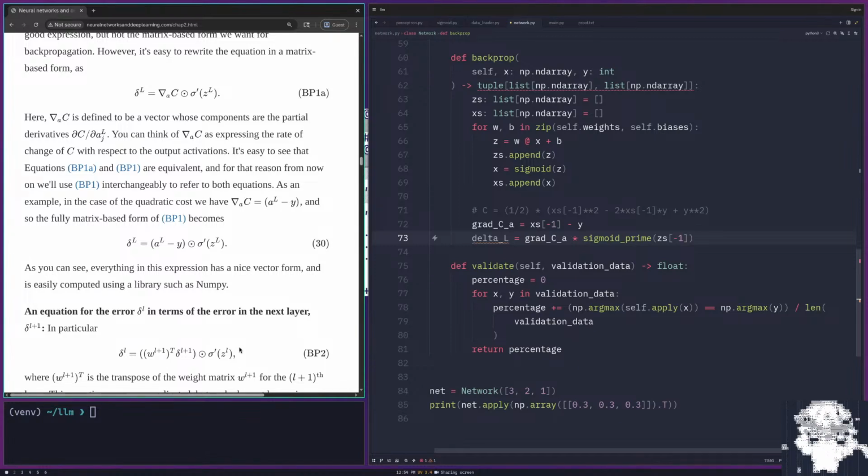Can you tell why that's true? No, I can't tell why that's true. I think I'll have to just keep reading.